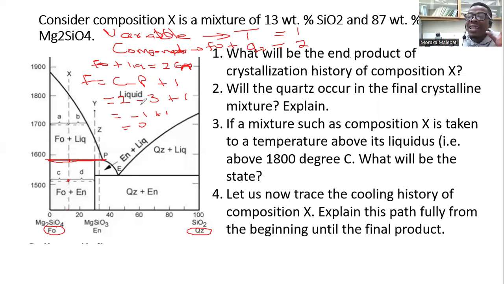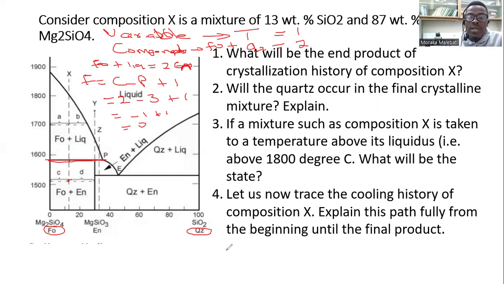So we only have the crystals of phosphorite and enstatite which remain. Now the proportions of the phosphorite and enstatite at this point, in the final crystalline product, can be found by applying the lever rule.